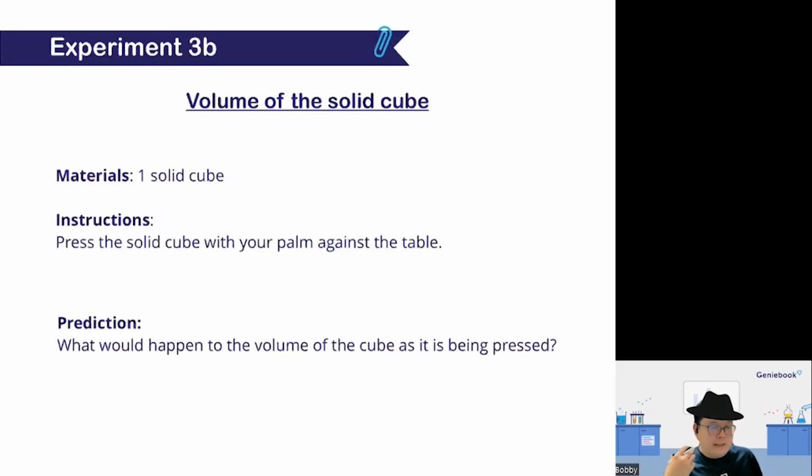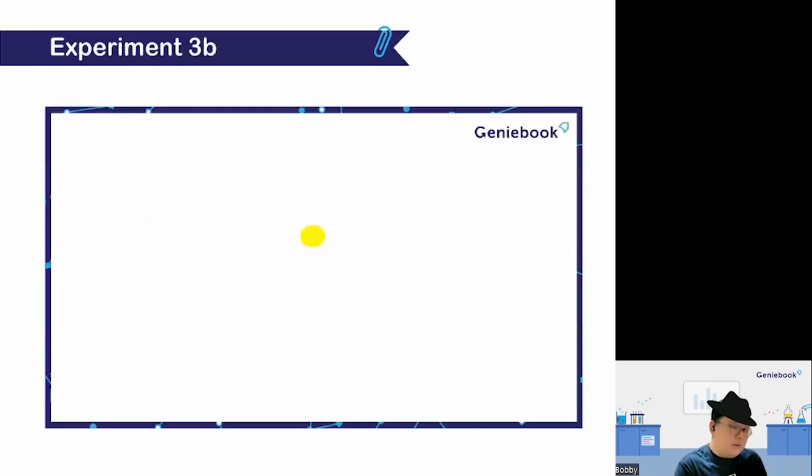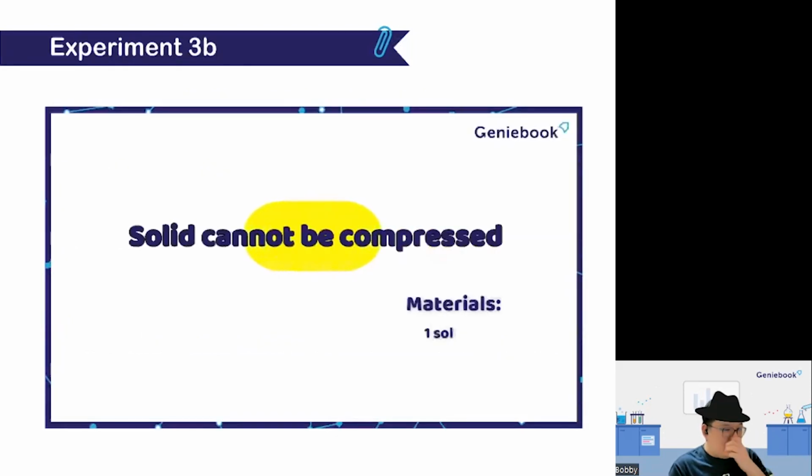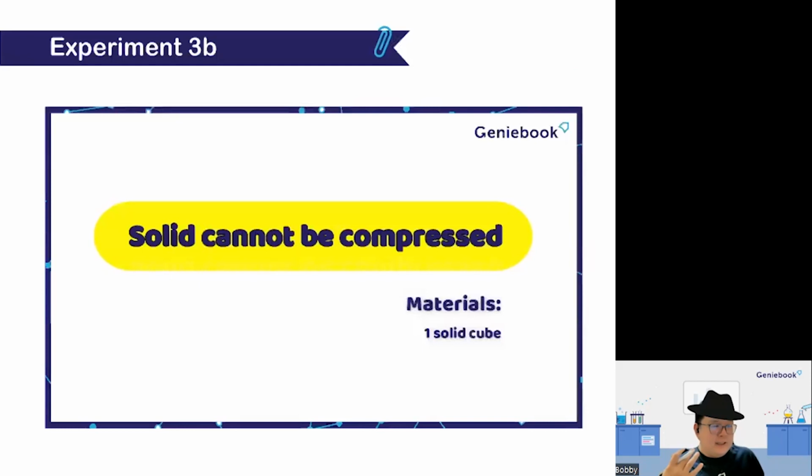So we're going to use the same cube and we will be pressing the cube against the table. Let's see what happens. Let's take a look at our lovely pair of hands and see how he does this experiment.